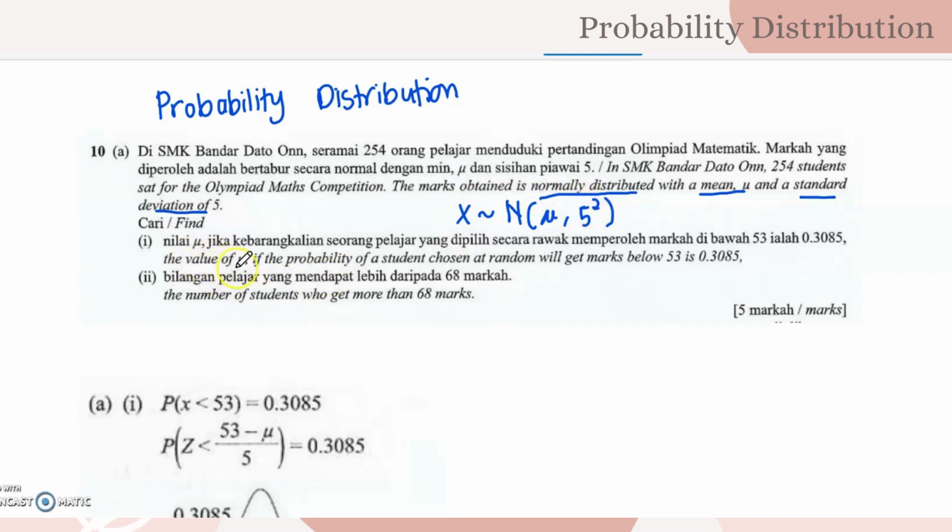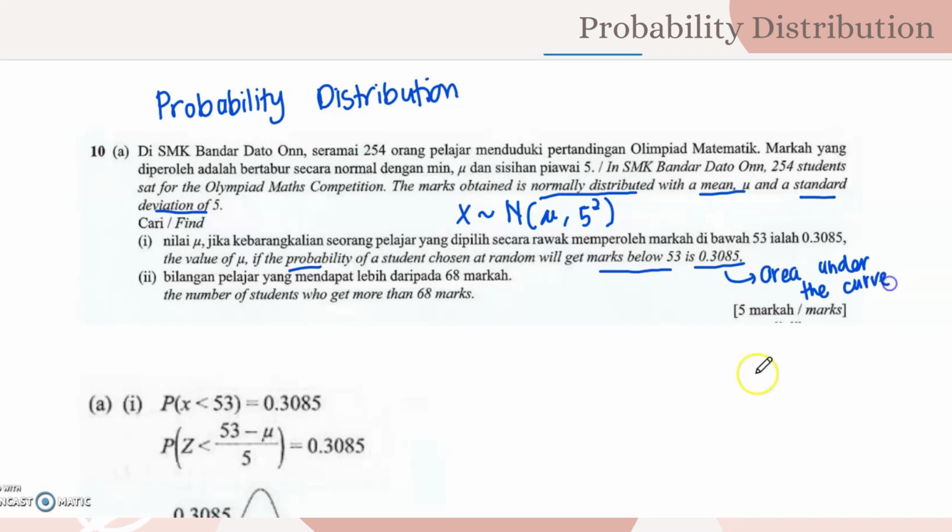Find the value of the mean if the probability of a student chosen at random getting marks below 53 is 0.3085. So this is a probability, and below 53. The probability is equal to the area under the graph, under the curve.